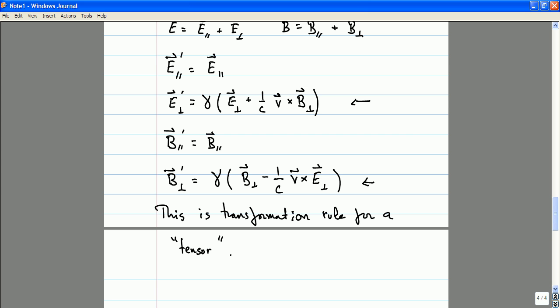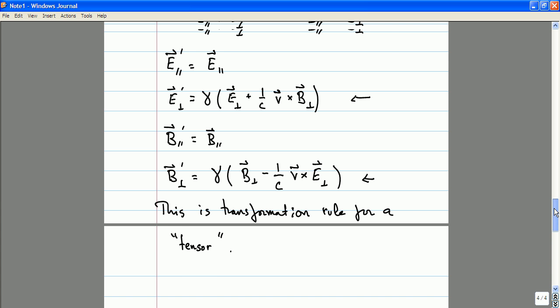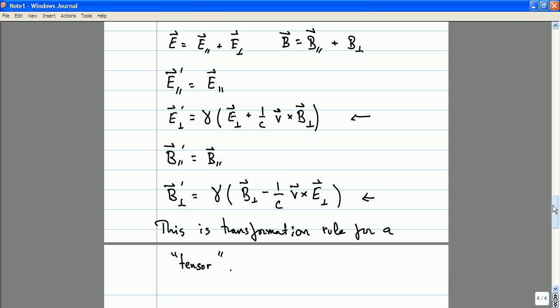I should maybe mention, just as a bit of an aside, that you probably will not see again this discussion of the unification of electricity and magnetism until you take a course on electromagnetic waves, which might be a year or two from now.